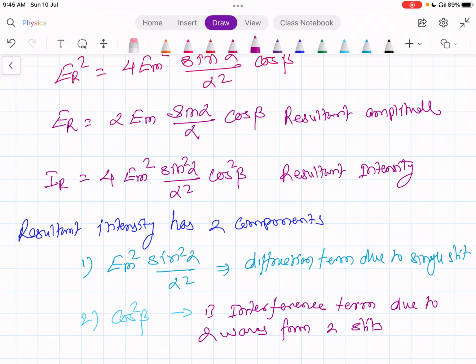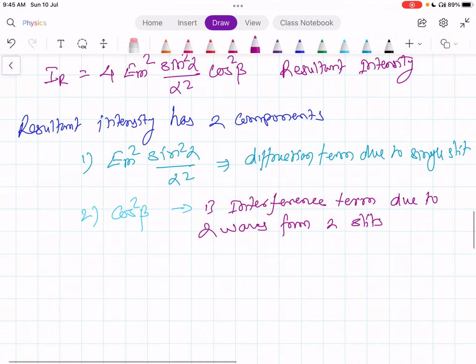So the resultant intensity consists of two components: one is the diffraction term and the other one is the interference term. So let us see the diffraction term then.